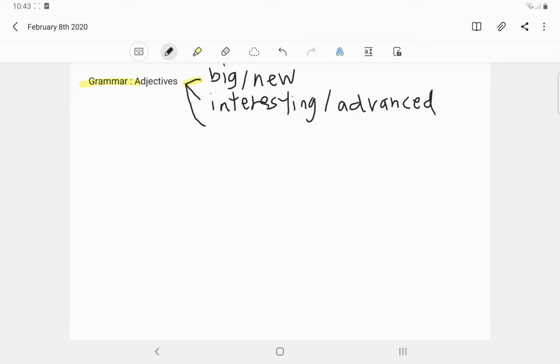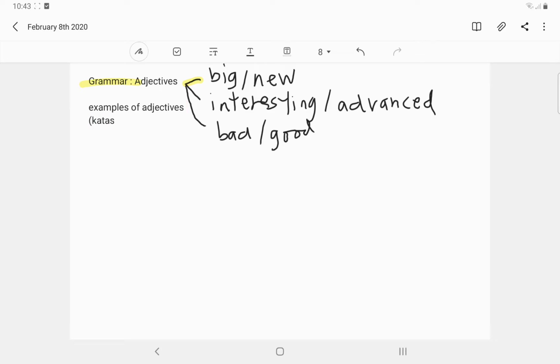Then we can also have words like bad and good. So these are all the examples of adjectives, or in Malay we call it kata sifat. Mudah. Okay, so these are the examples of adjectives.